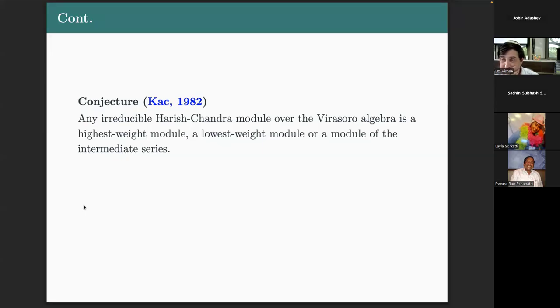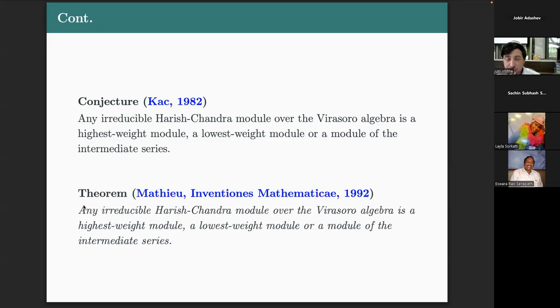This was a conjecture by Kac. Ten years later, Olivier Mathieu proved in a very nice short paper, well appreciated by the math community, that indeed the Kac conjecture is true, and all irreducible modules are indeed highest weight, lowest weight, or modules of the intermediate series.